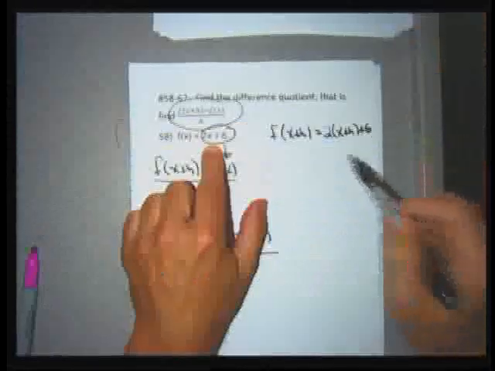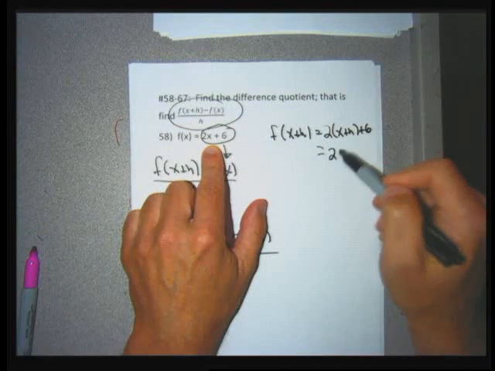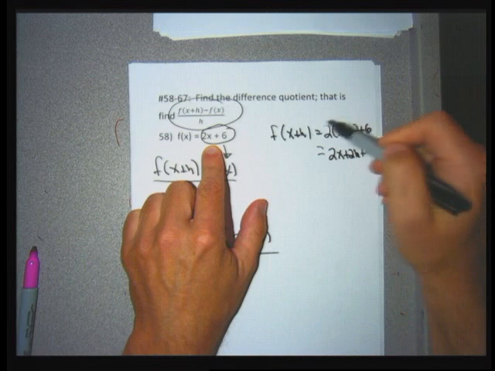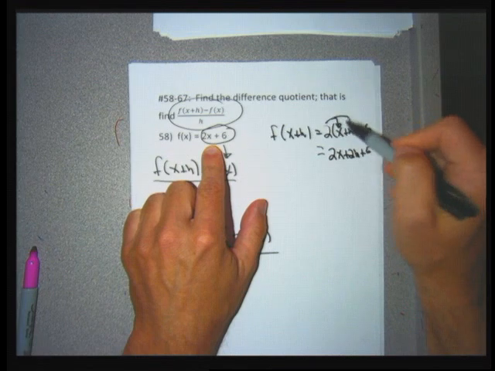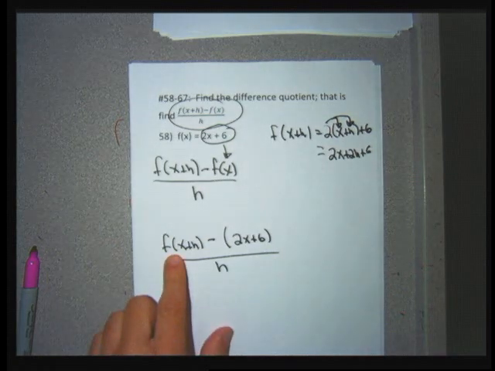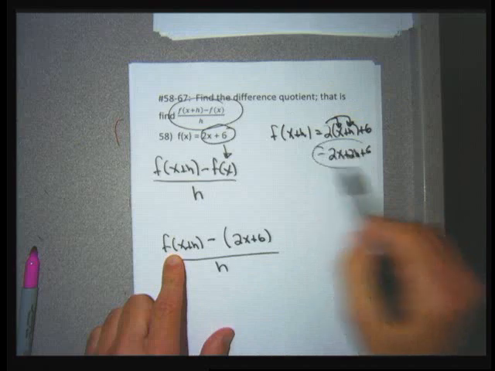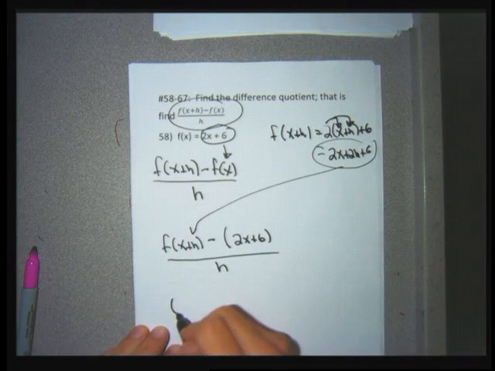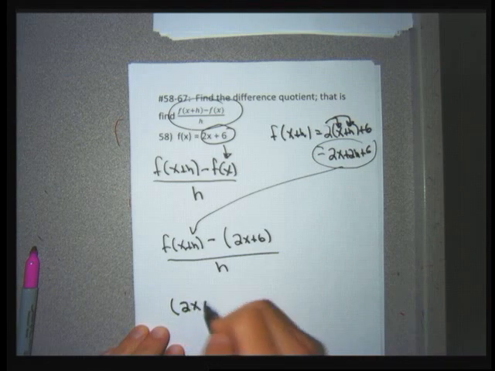So f of x plus h is going to be 2 times x plus h plus 6. To simplify that, I'm going to go 2 times x and 2 times h and get 2x plus 2h plus 6. So to get rid of the f of x plus h, I need to change it into that. I'll put it in a parentheses, but it's not really necessary.